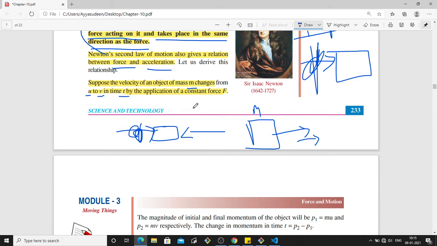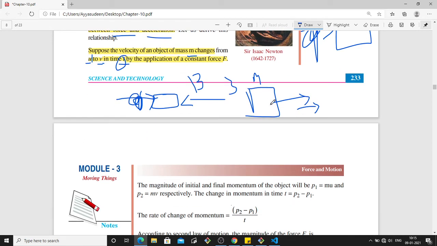Let's say it is 3 seconds: in the first second, in the beginning, the velocity is u, and in the third second, the velocity is v. This is an example I am giving. So the 3 seconds will be t. Now to change the velocity, we need some force. The constant force is denoted as F.